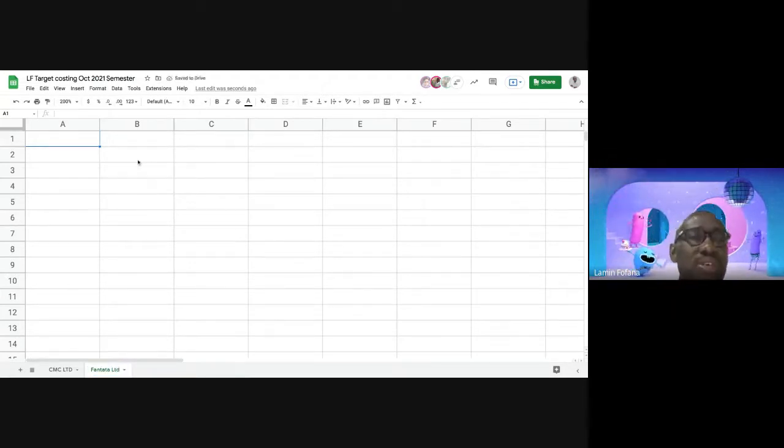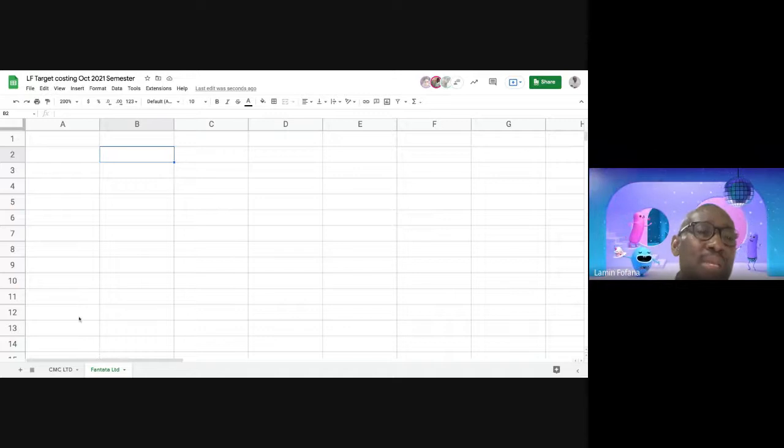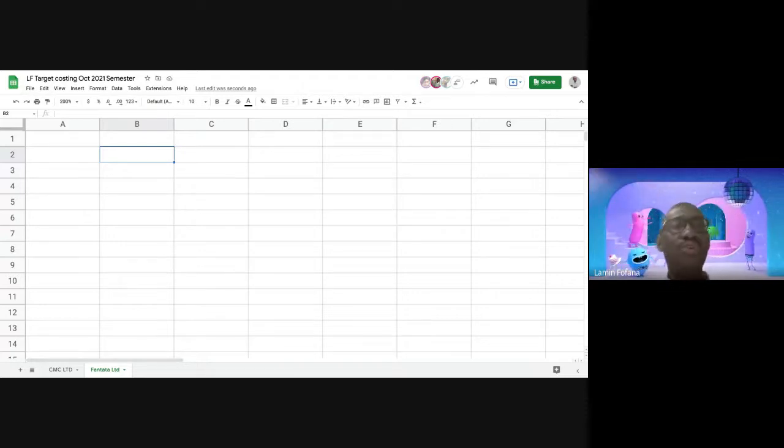So what's the first thing we do when we are answering this question? What we're trying to do is answer each of the questions on a separate worksheet. Clear? Okay, so we're going to start answering this question by doing what first? What's the first thing we need to do?